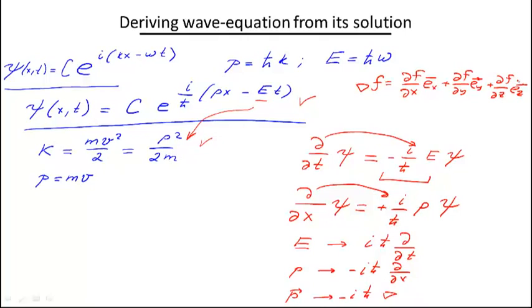So if we want to enforce the constraint that the energy of the particle E is equal to p squared over 2m, we are sort of forced to construct the simplest equation that would do it in the following form.